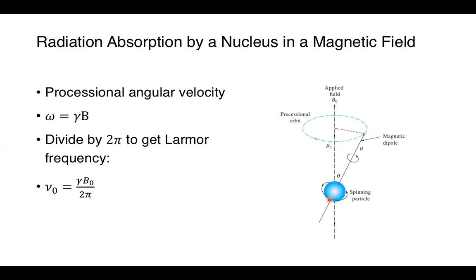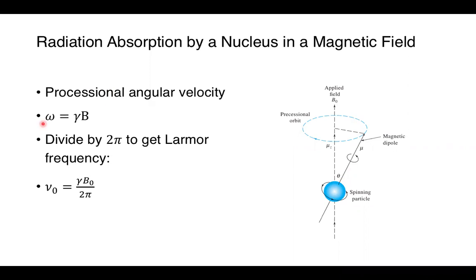So there is going to be some interaction between our spinning particle's magnetic dipole, the spinning particle could be an atom, and the applied magnetic field, to gain or lose energy. This angular momentum and angular velocity, which is pointing in a certain direction, is called the precessional angular velocity.